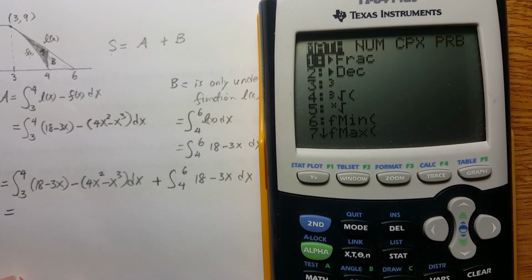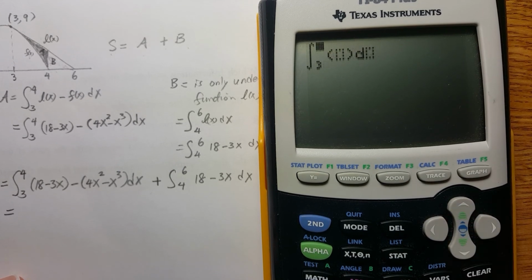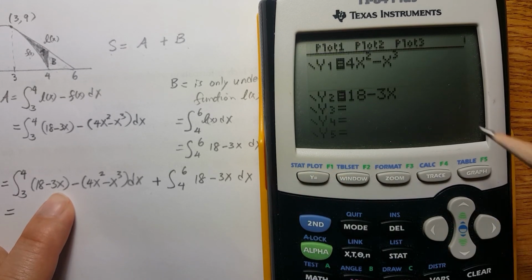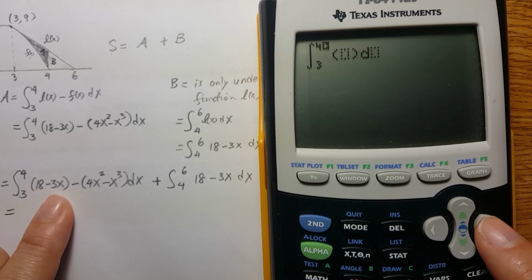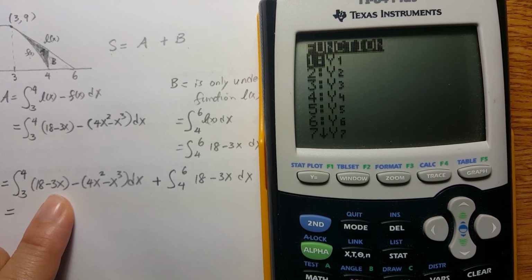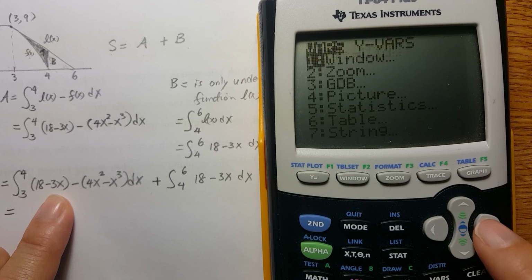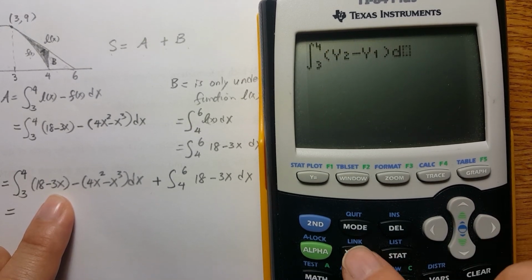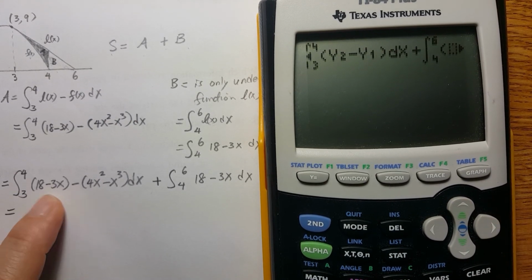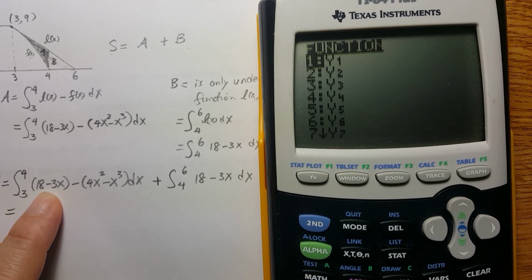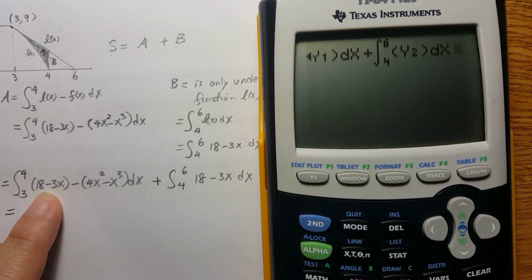So we have math 9, 3 to 4, 18 minus 3x. That is my y2. So therefore what I'm going to do is y2 minus y1 dx. And then plus math 9, 4 to 6, and this is my y2, and then dx.